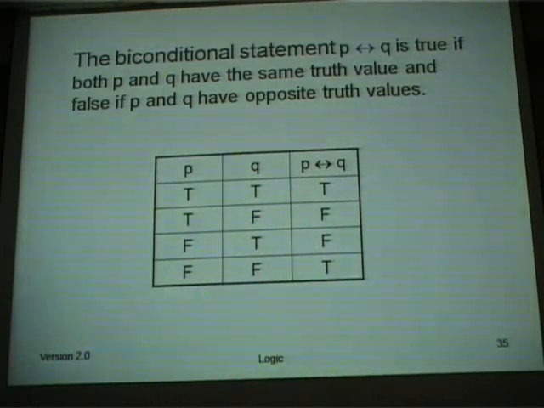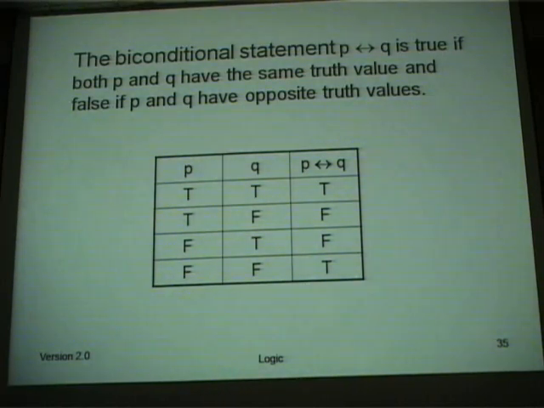Now the interesting thing is, what is the truth table for that? Now, the truth table for this. According to this, you can identify the main behavior of this biconditional statement. Now look at where it becomes true.